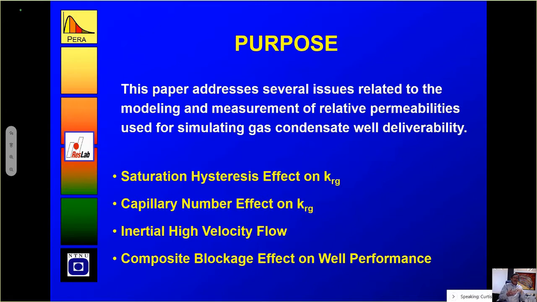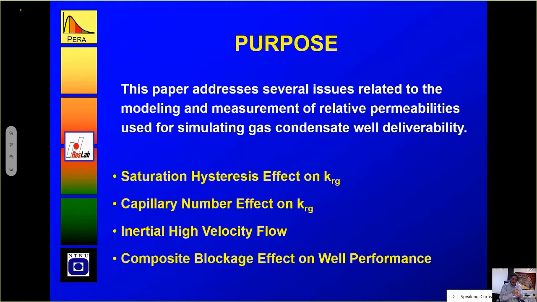So the question to be answered is, if you have cycles of hysteresis, but then you come back to a steady state flow condition, does the steady state KRG change if you've seen some hysteresis in one direction or the other? So we did laboratory experiments to study that.